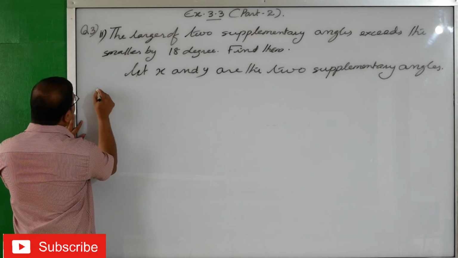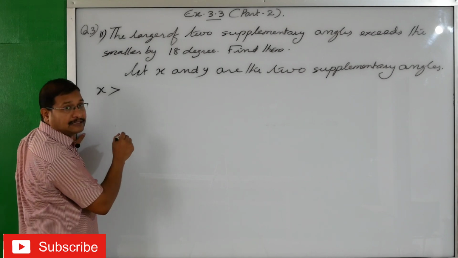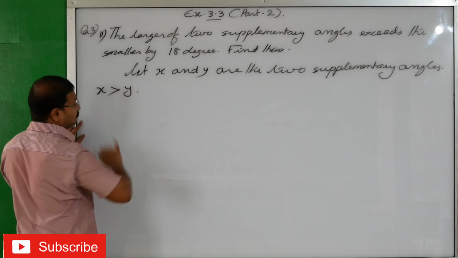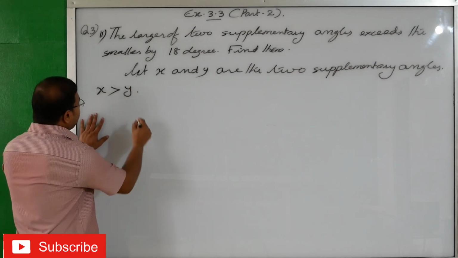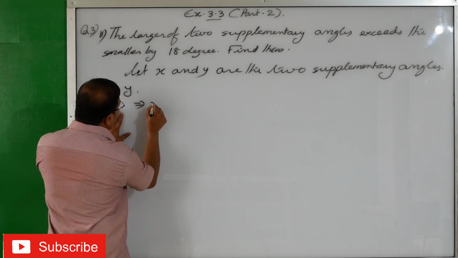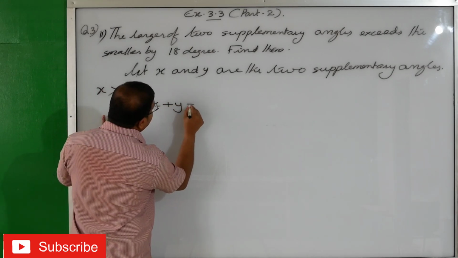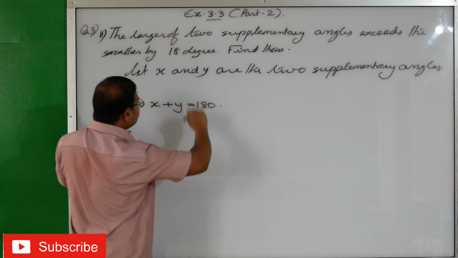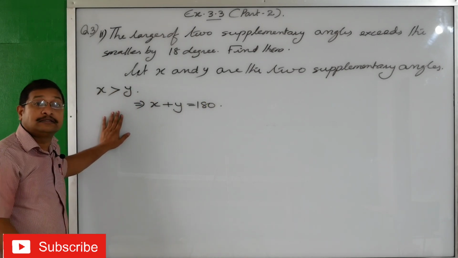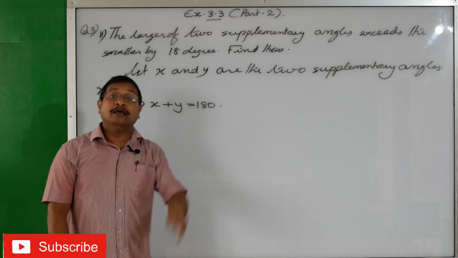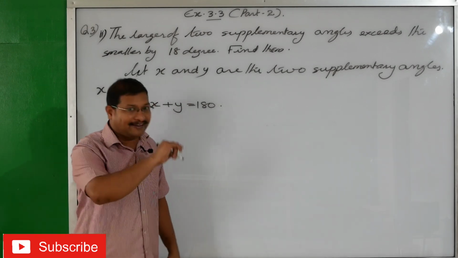And of course we can write the larger angle is x. That means x is greater than y. Now from here itself we can understand x plus y equals 180, because it is already given supplementary angle. Supplementary means the sum of the angles is 180 degrees.